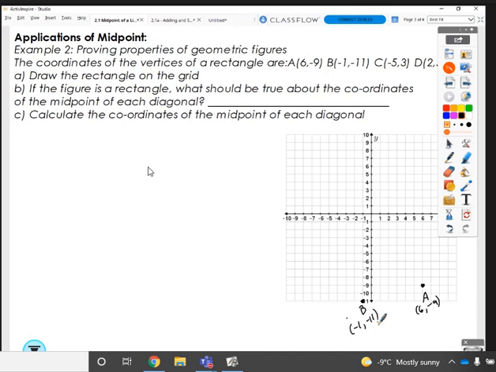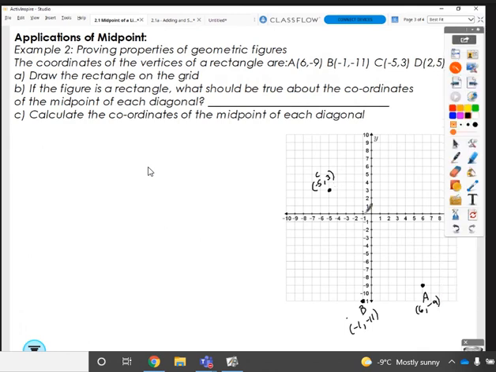C is -5, +3. And D is 2, 5. Draw the rectangle on the grid.